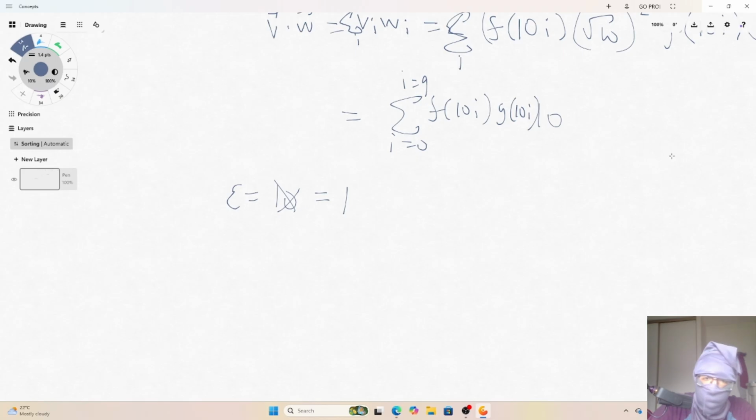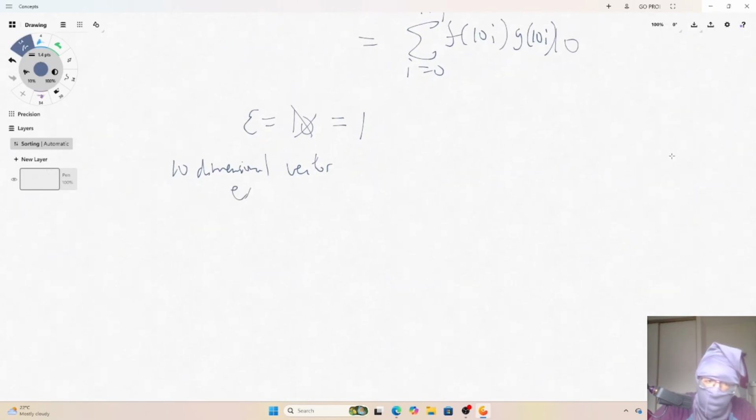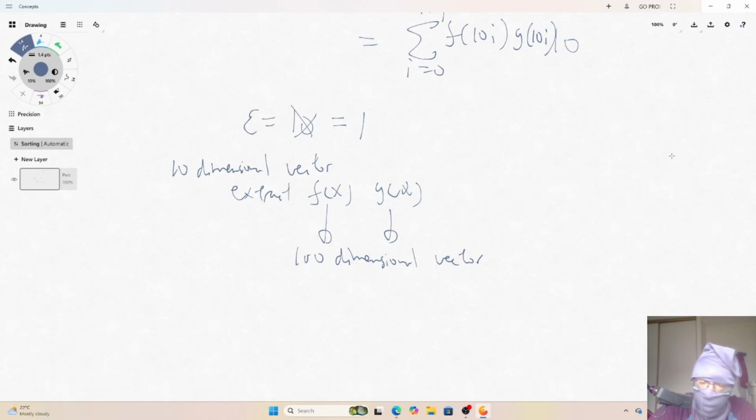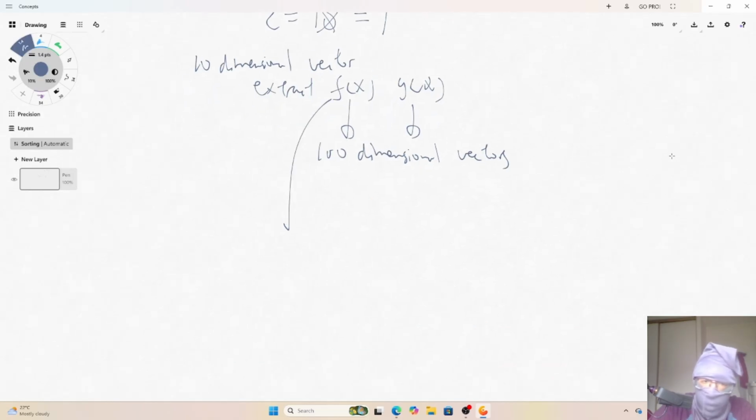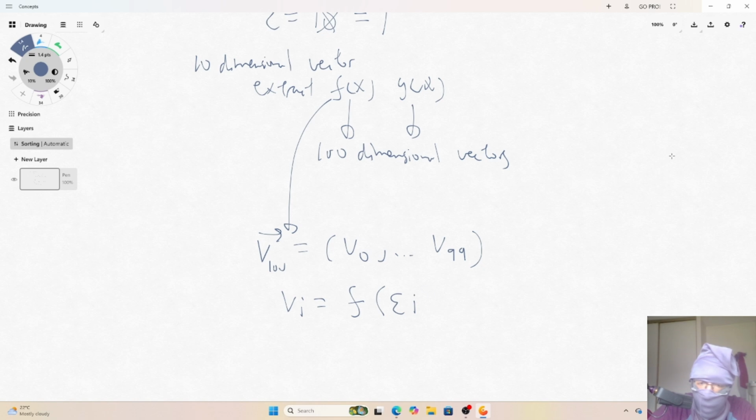And so what would happen is that instead of a 10-dimensional vector, you will extract from these two functions two 100-dimensional vectors given by, so for this one you would have, say, v100, where vi is given by f(epsilon i) square root of epsilon, which is simply f(i).